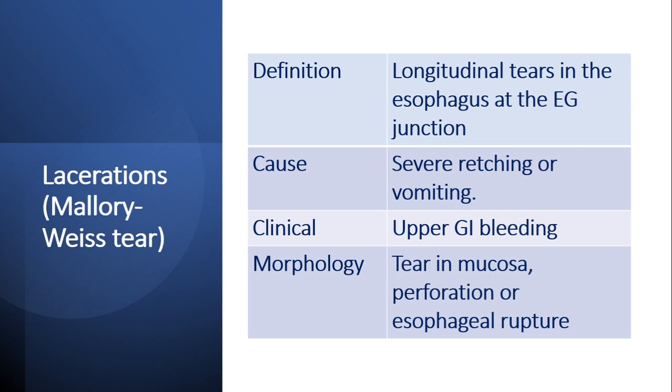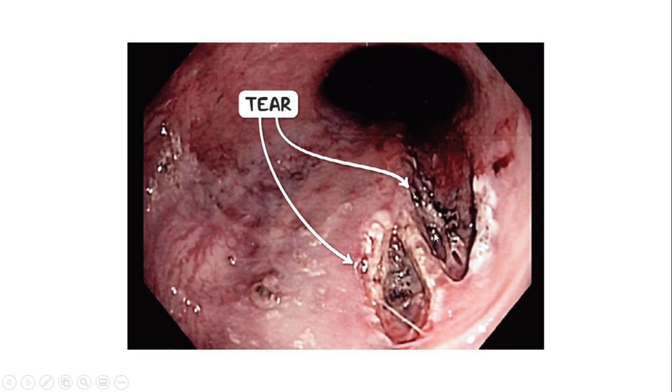There are many causes of severe vomiting that can complicate this lesion, including alcoholism, bulimia, that is an over-distended stomach, also hyperemesis gravidarum, severe vomiting in morning sickness in pregnant females, and many other causes of increased intragastric pressure and severe vomiting.